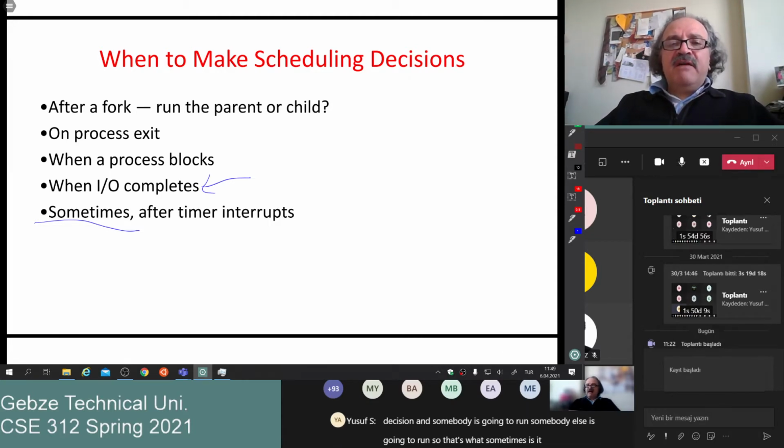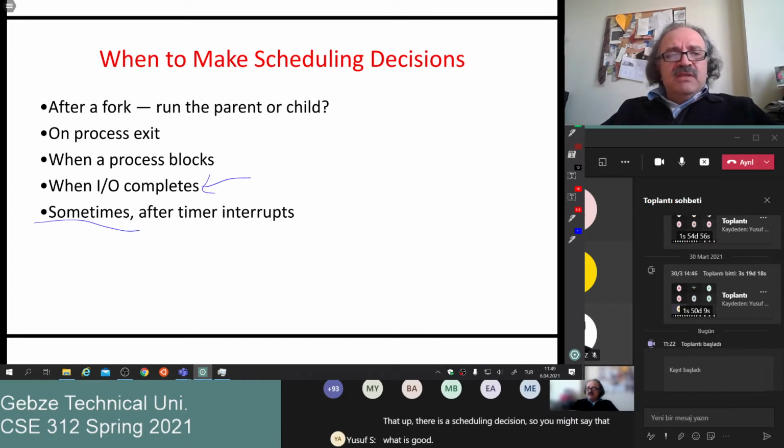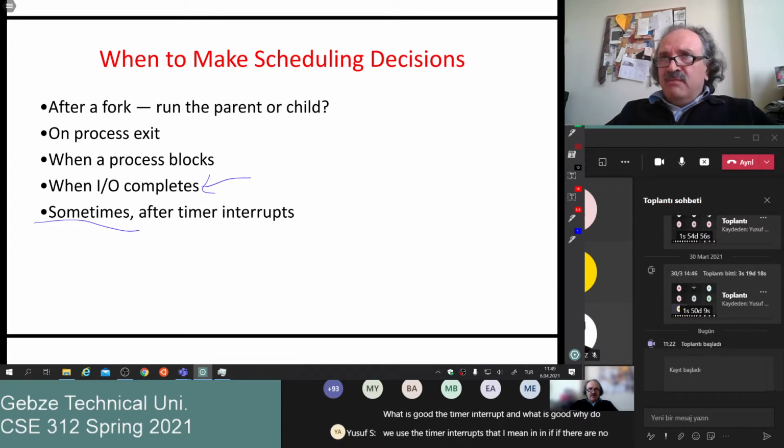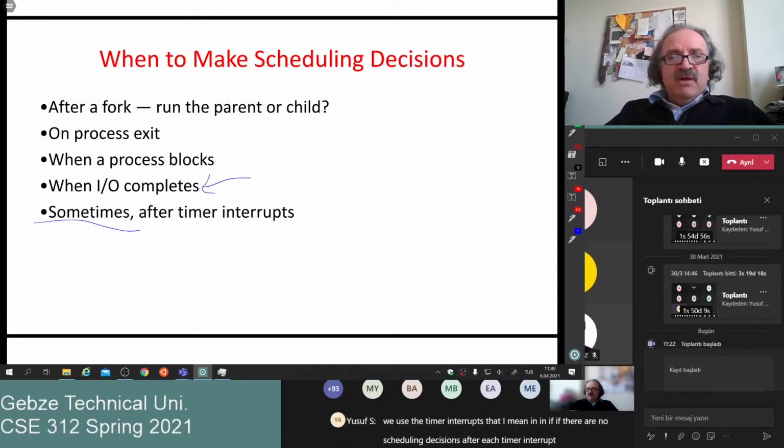Not after every timer interrupt is there a scheduling decision, but after some timer interrupts there is. So you might ask, what is the timer interrupt good for then? If there are no scheduling decisions after each timer interrupt, why are we doing this?